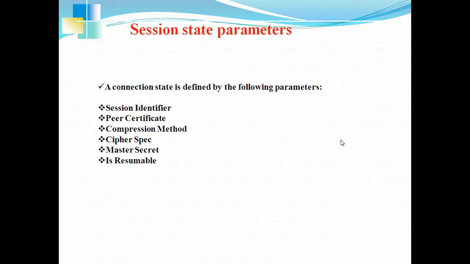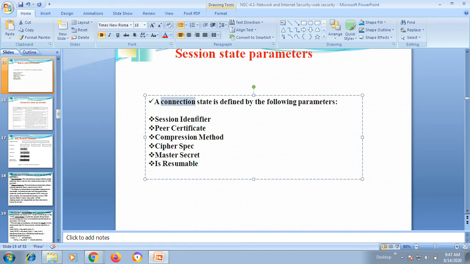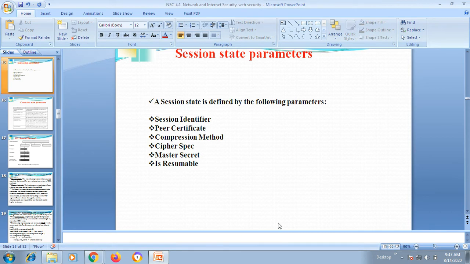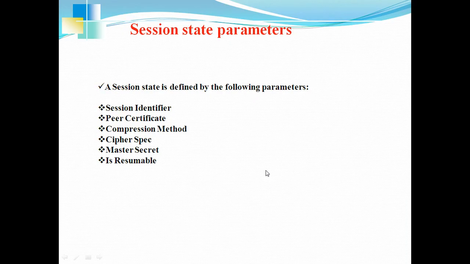They are: session identifier, peer certificate, compression method, cipher spec, master secret, and is resumable. These are all the parameters used in the session state parameters.